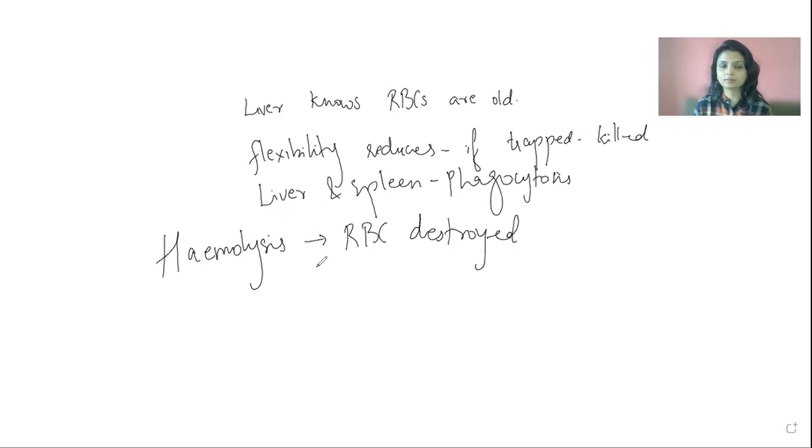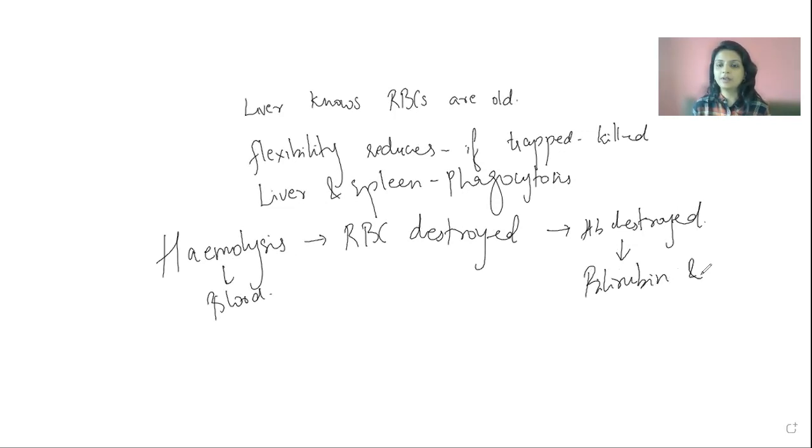Hemo is blood, right? And because of this, even the hemoglobin is destroyed. If RBCs are destroyed, obviously hemoglobin is also destroyed. Because of this, the bile pigments, as you know, are produced in the liver: bilirubin and biliverdin are produced.